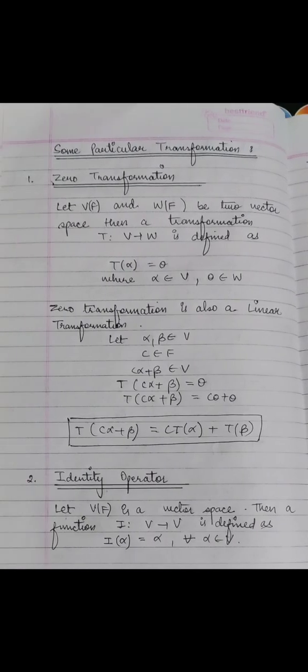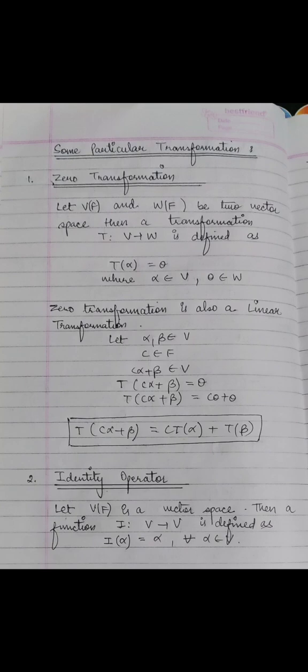There are some particular transformations. First is the zero transformation. Let V(F) and W(F) be two vector spaces over the field F. Then a transformation T: V → W is defined as the zero transformation when T(α) = θ, where α belongs to V and θ belongs to W. The zero transformation is also a linear transformation.